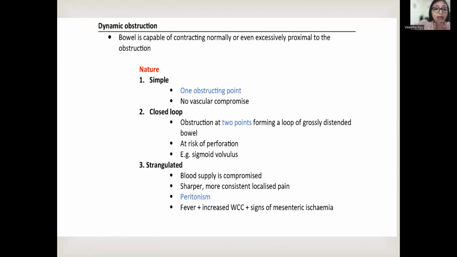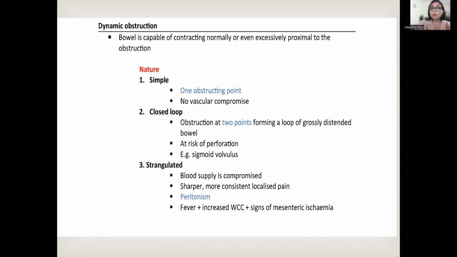And again, we had also seen that according to the nature, it can be simple when there is just one obstructing point. There is no vascular compromise. And then you have a closed loop type where there is obstruction at 2 points, forming like a loop. And what happens between the two obstructed sites? The middle part starts getting grossly distended.